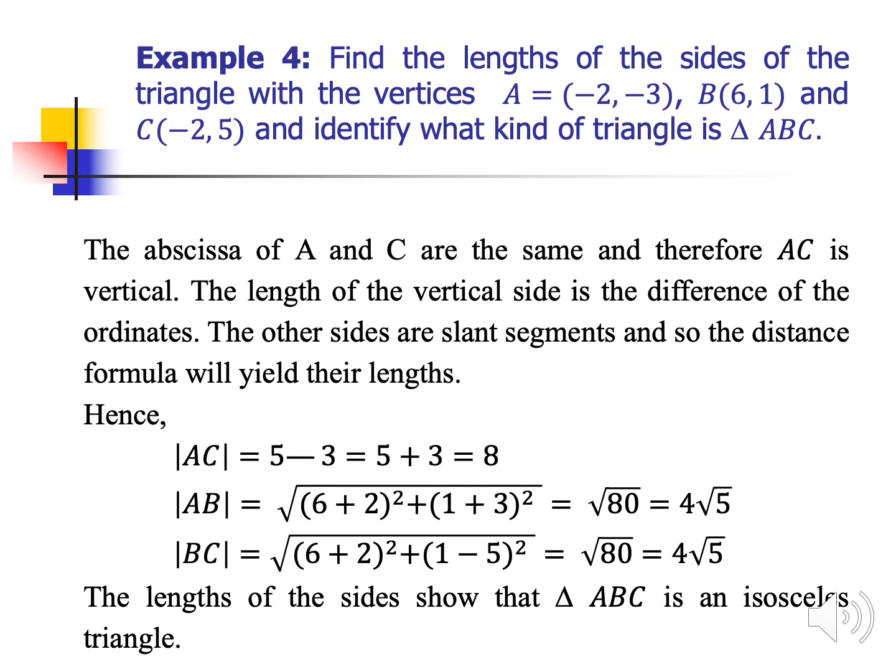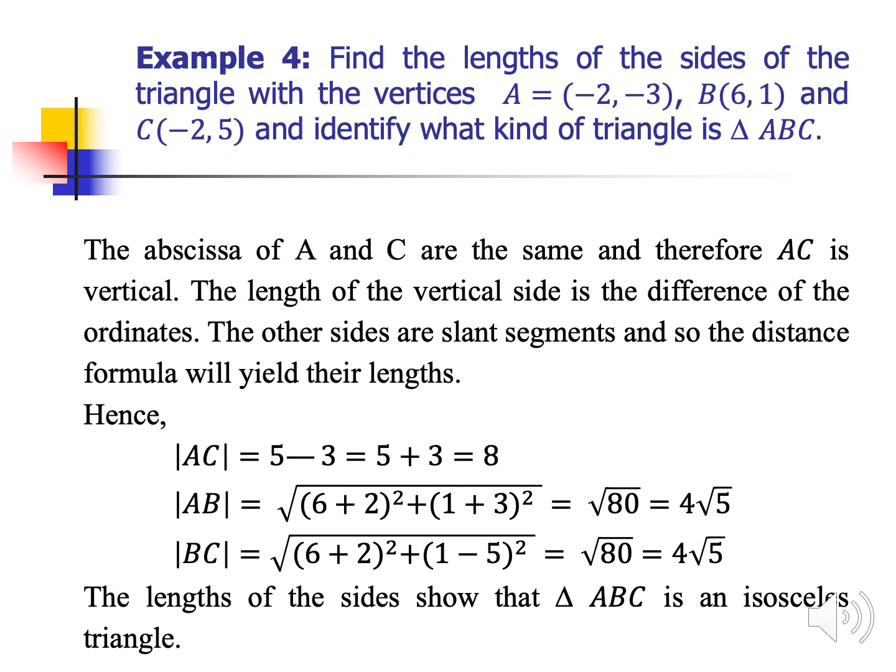So that is 8 squared plus 4 squared, so that is 64 plus 16, the square root of 80, or 4 square root of 5, since 80 is 16 times 5. Then for BC, we have -6 minus negative 2, so that's 6 plus 2 in magnitude, and 1 minus 5 is negative 4. Squaring that, you get the square root of 80, or 4 square root of 5.